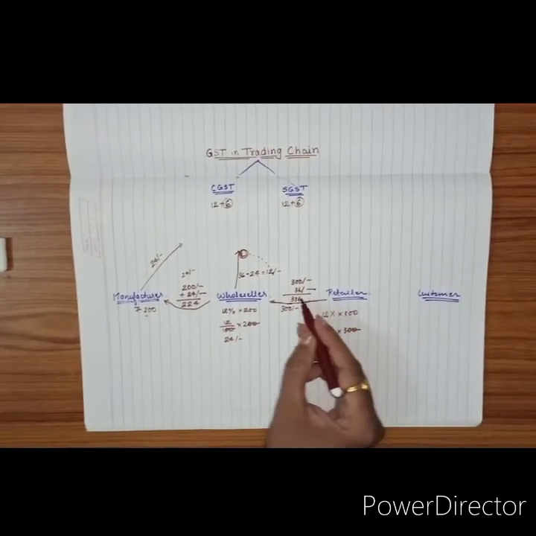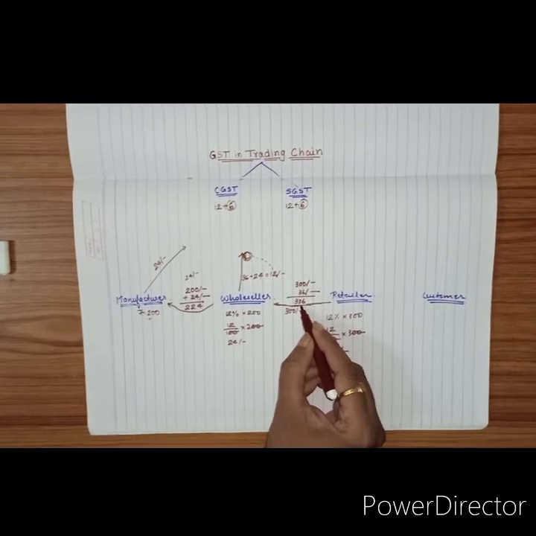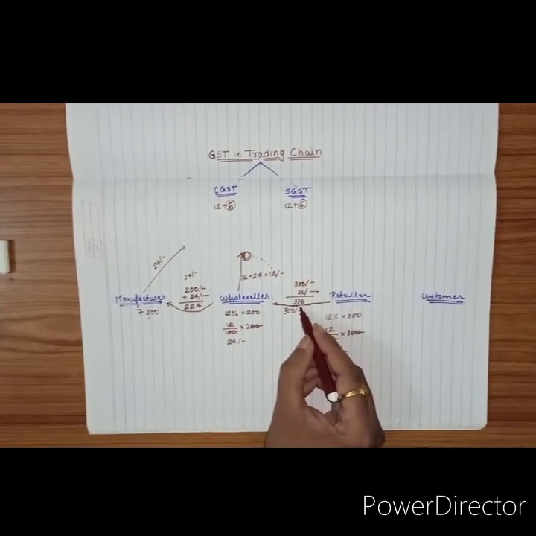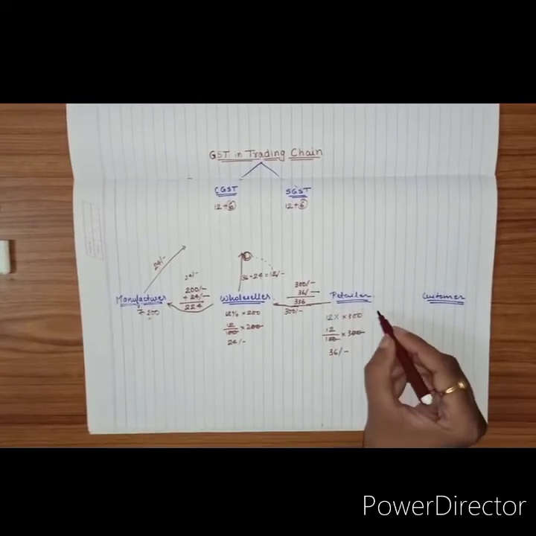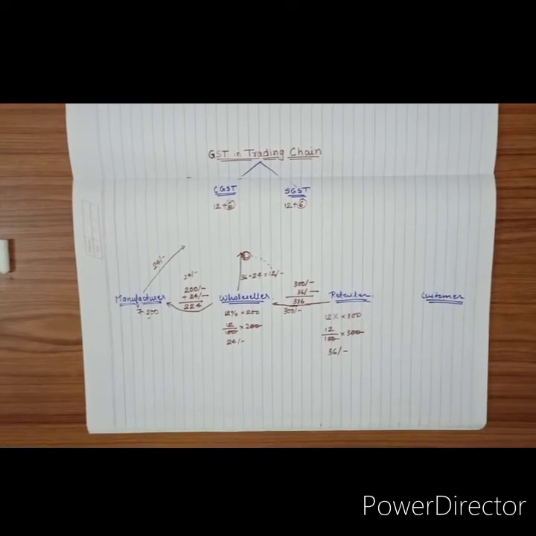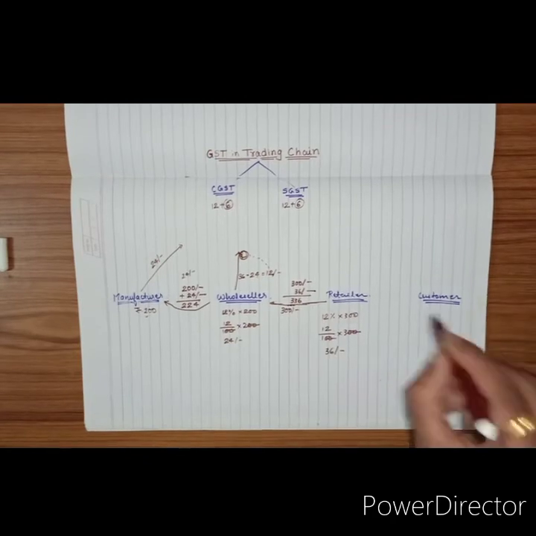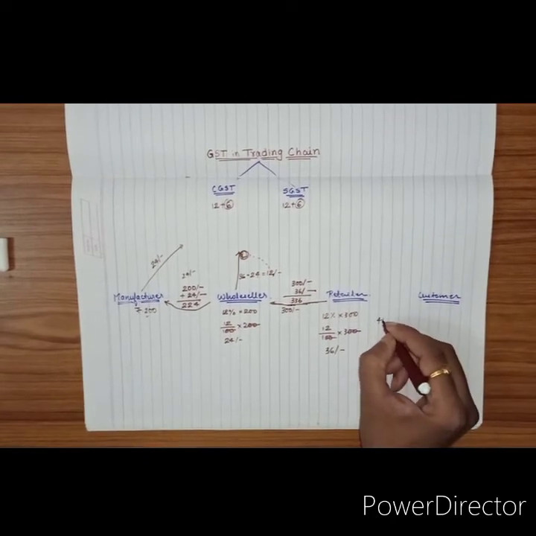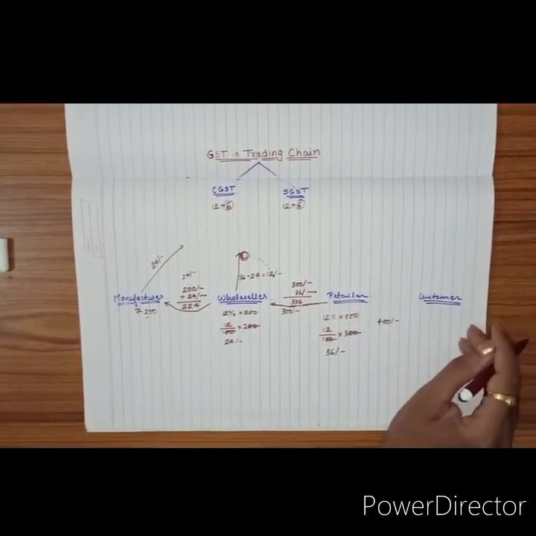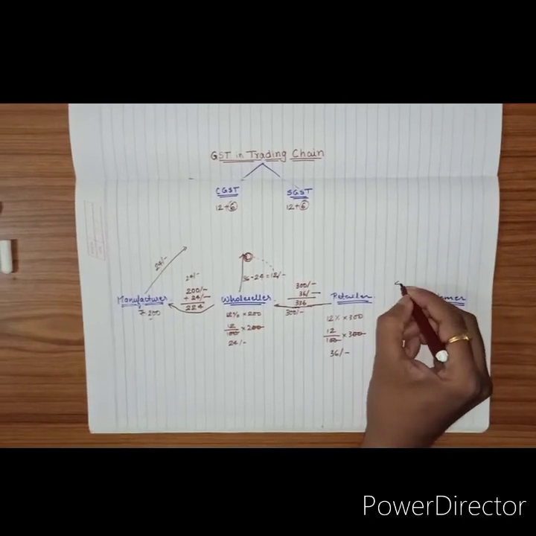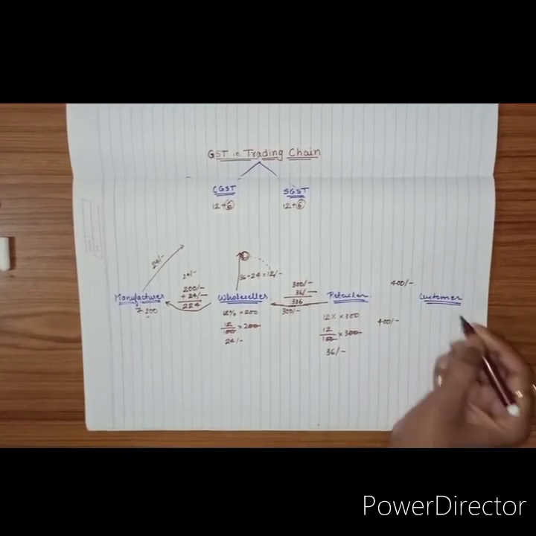Now this retailer purchased this for how much? 336 rupees. Okay, now he decides that I should also have profit, right? So he decides, I will not sell for 336, instead I will sell for 400 rupees to the customer. So what is the charge told to the customer is 400 rupees.